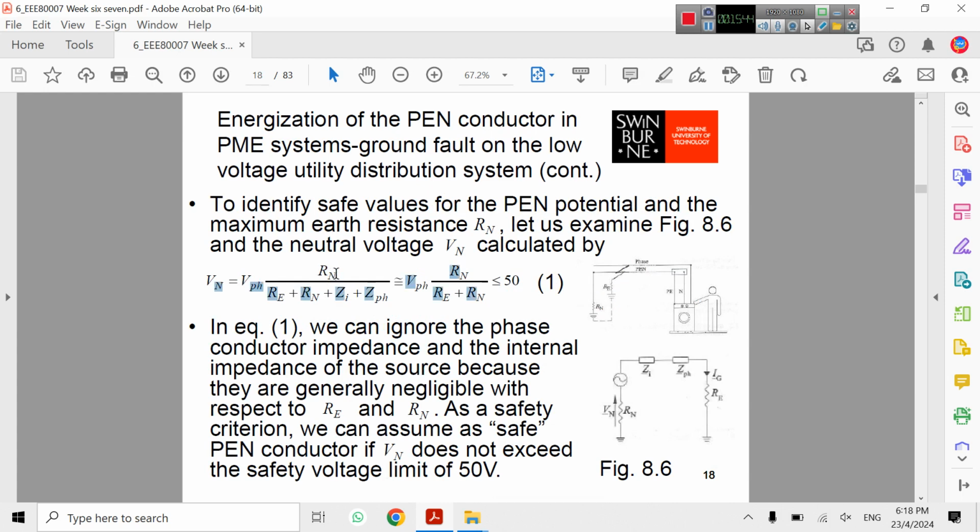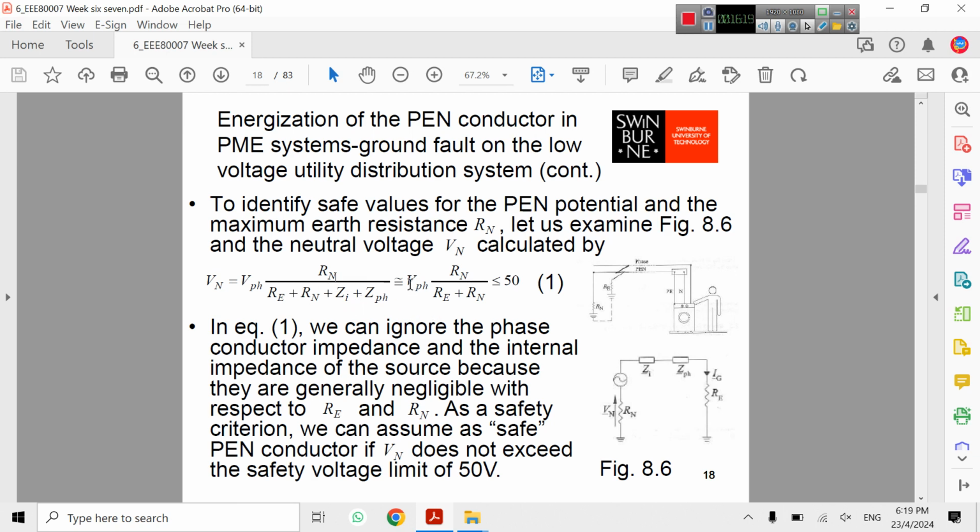Rn is the resistance of the distribution transformer close to the user's house. Zi is the transformer resistance and Z phase is the phase resistance. These two values can be considered negligible, and you can delete them.